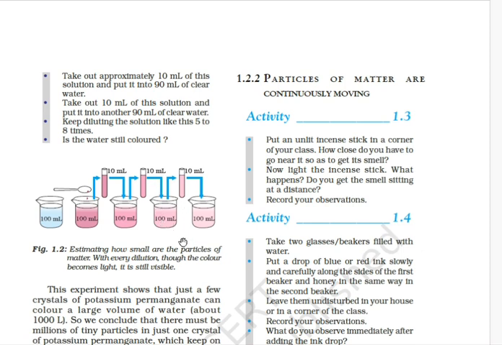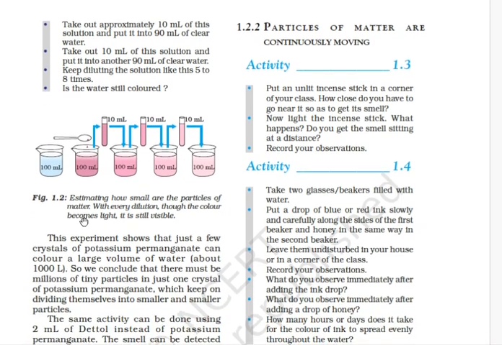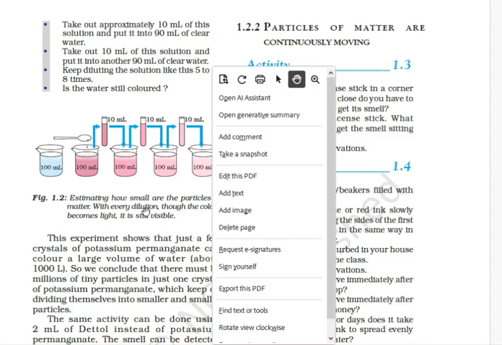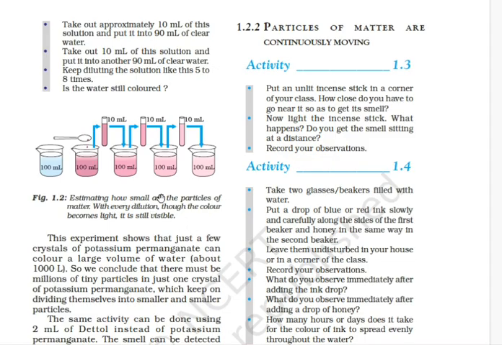Now, getting back to this, what they have told is estimating how small the particles of matter are. With every dilution, though the color becomes light, it is still visible. Here we are estimating how small the particles are, because while diluting we took only 2 to 3 crystals, but still the color did not fade.